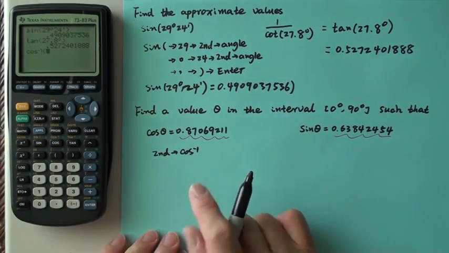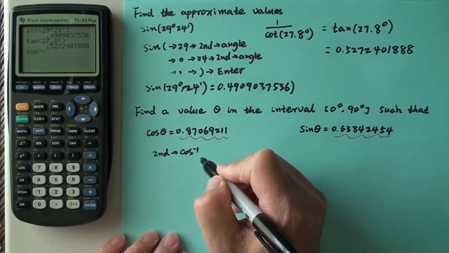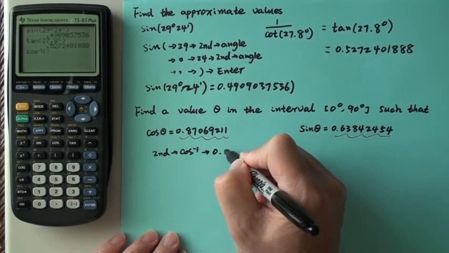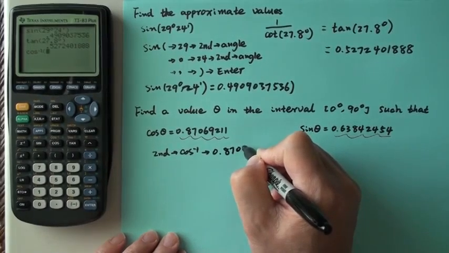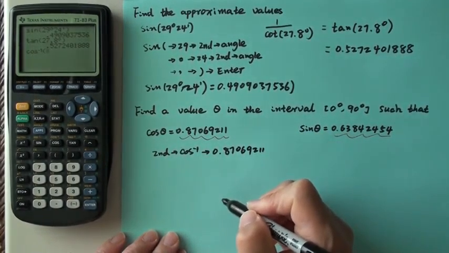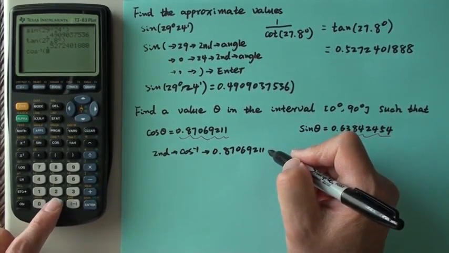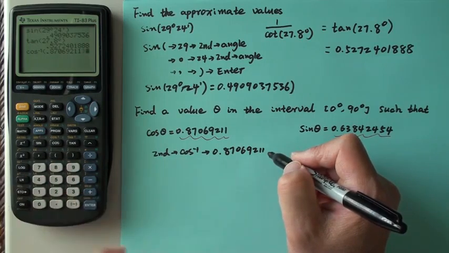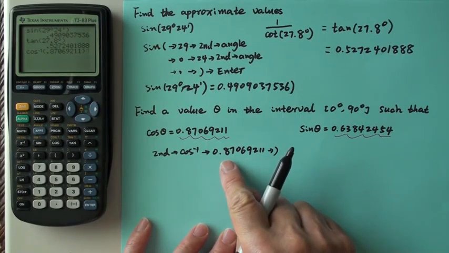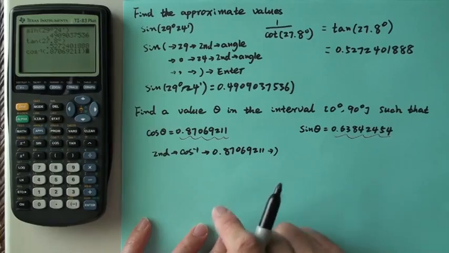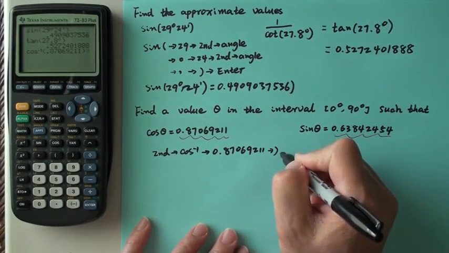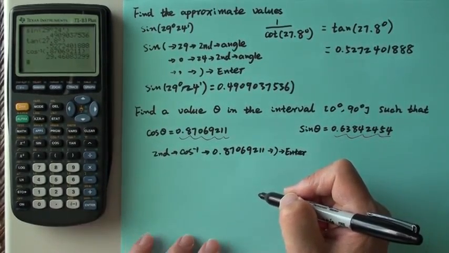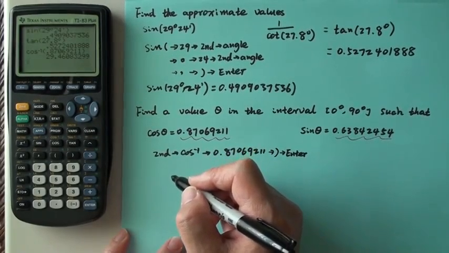Then you input the value 0.870692211, and close parentheses. Then enter.